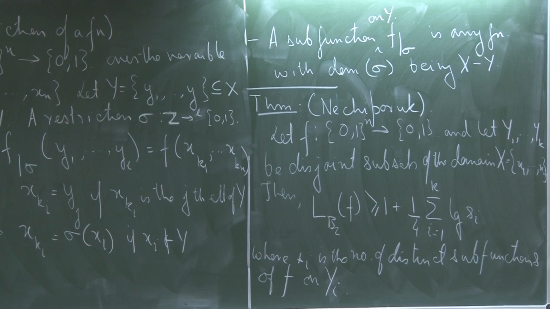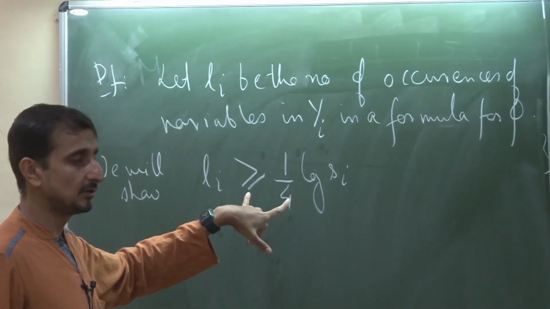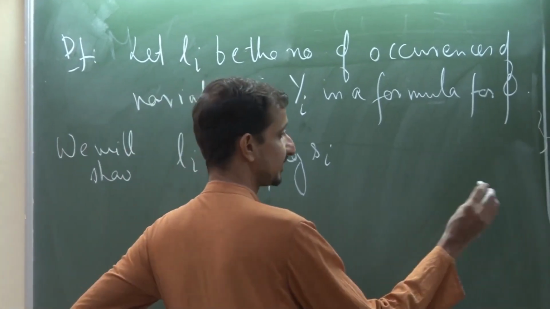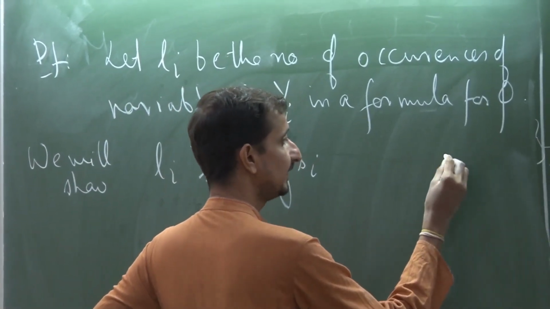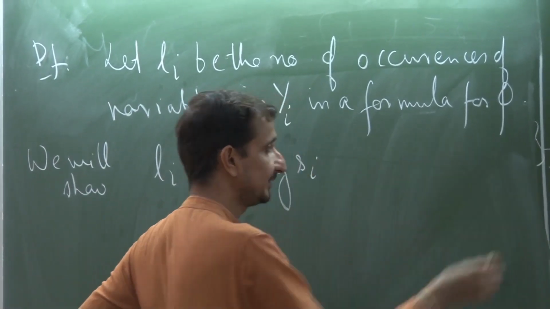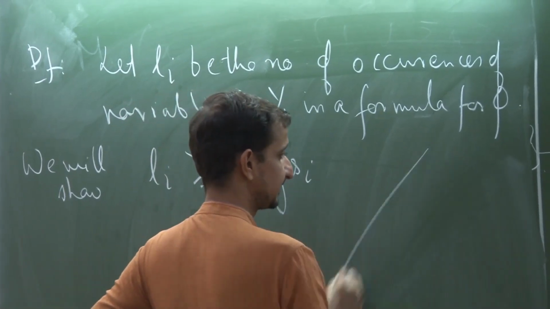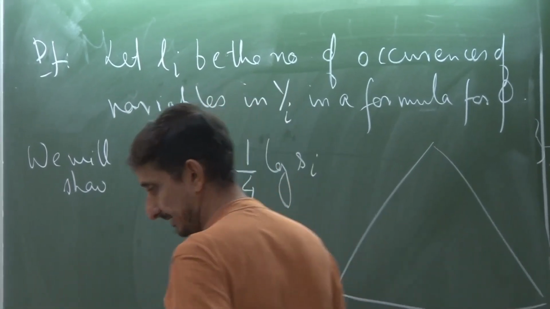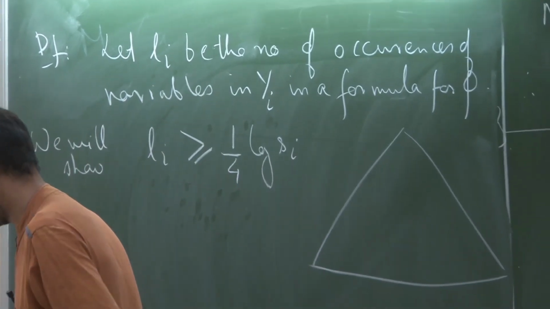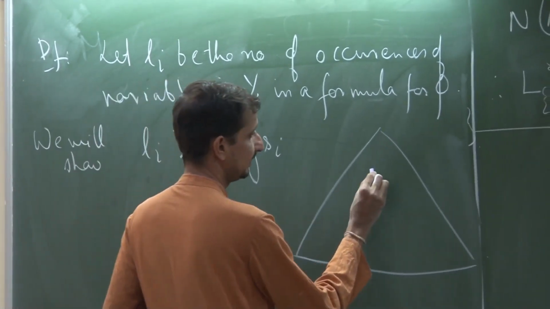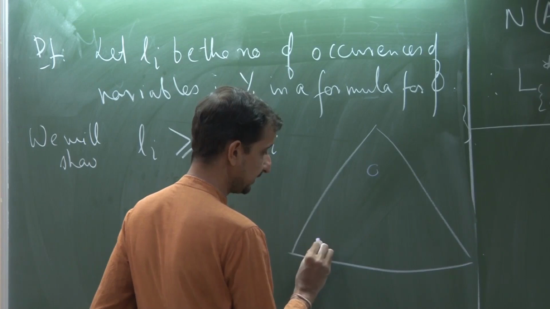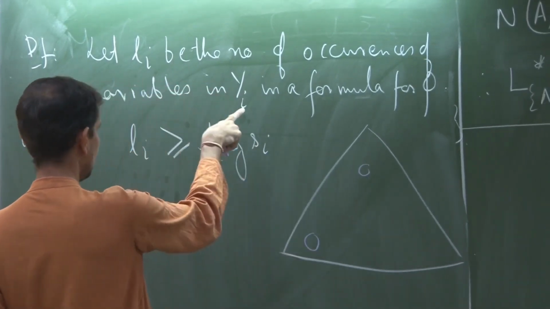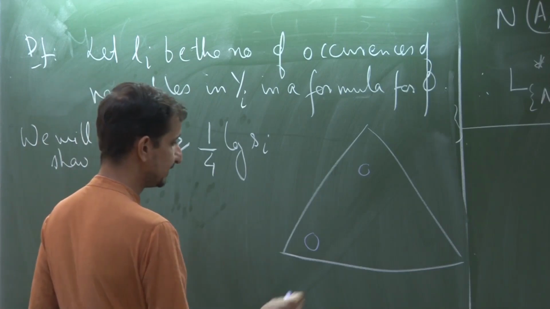Okay. Now, how do we prove this quantity? To prove this quantity, let me just give the intuition pictorially. So, consider the entire formula phi. Okay. So, let us say this is my entire formula phi, and let us say that there are certain inputs which belong to variables in yi.